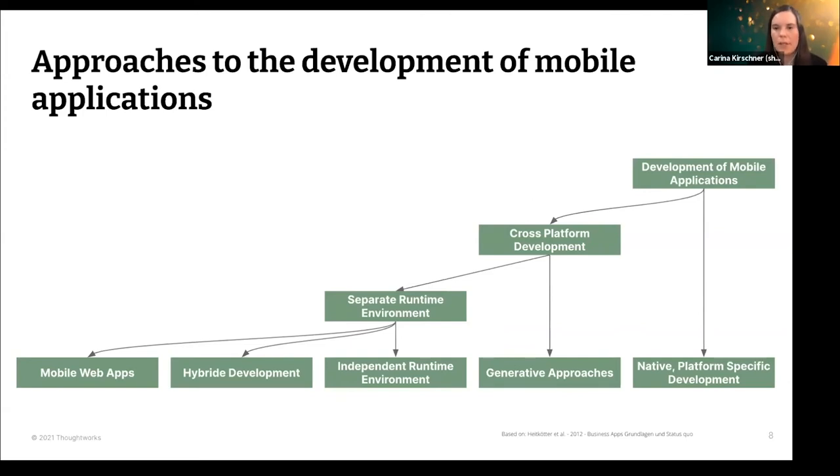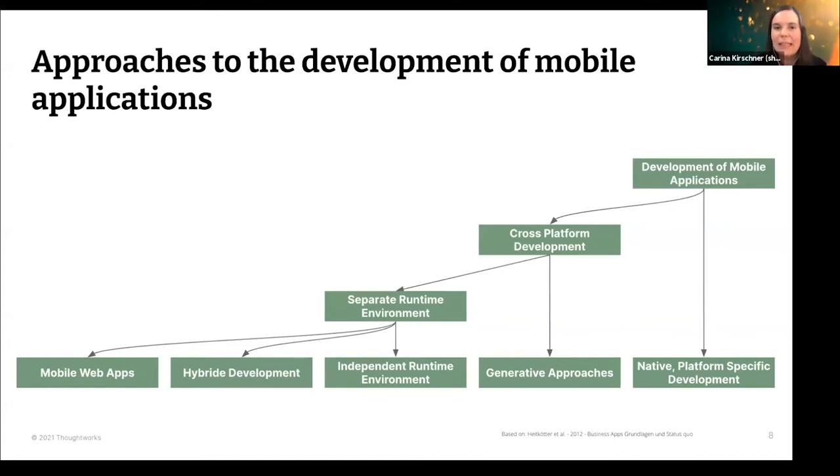Another approach would be a generative approach. That actually means that the code is written in a platform independent language, but it gets compiled to native code, which of course has a lot of advantages. And then on the right side, we come to native development.